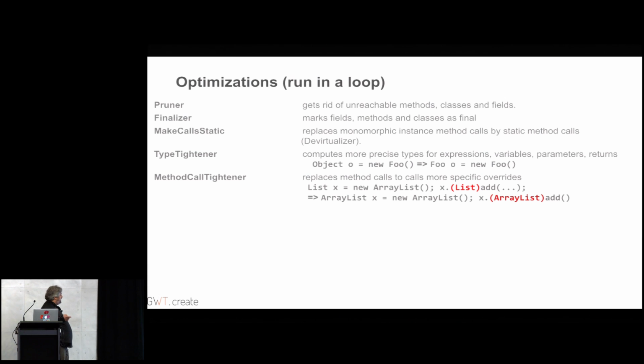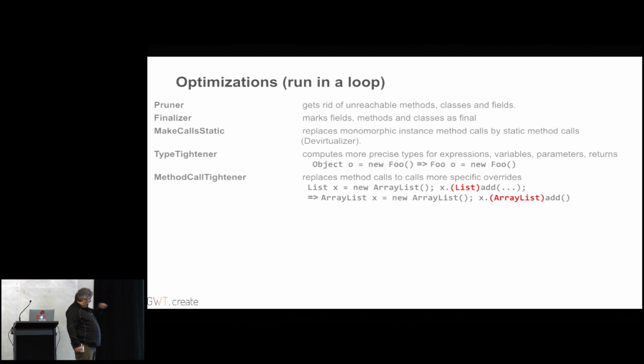The method call tightener is helped by the type tightener as well. Basically, when a call is recorded, for example here the x.add, you have an ArrayList in a variable x, and you call add. And the type of the variable is List. So when you first get the AST, it will tell you this dispatches to List.add.